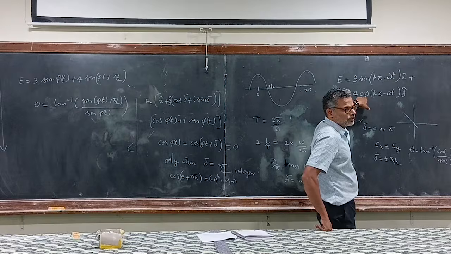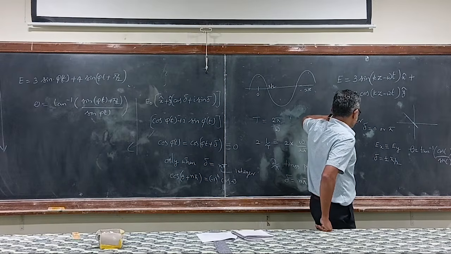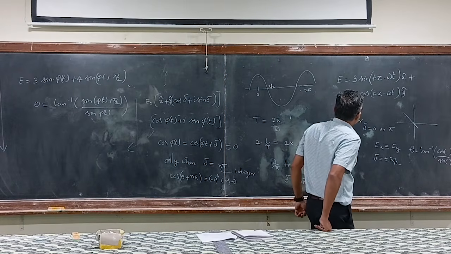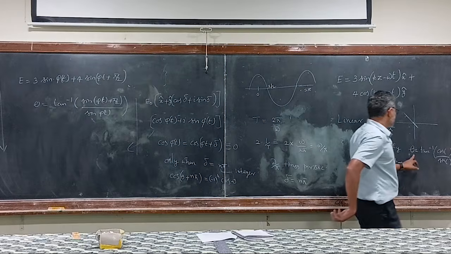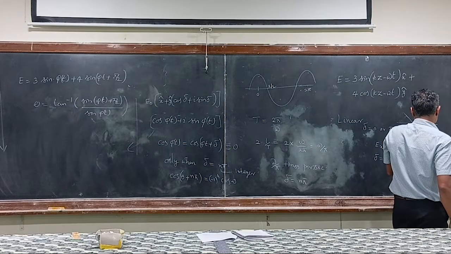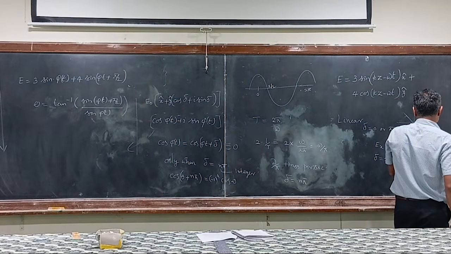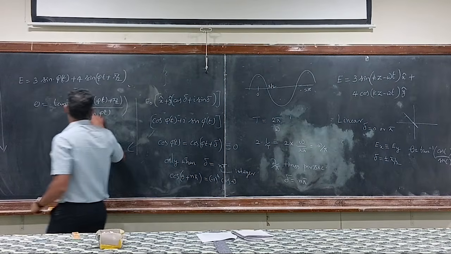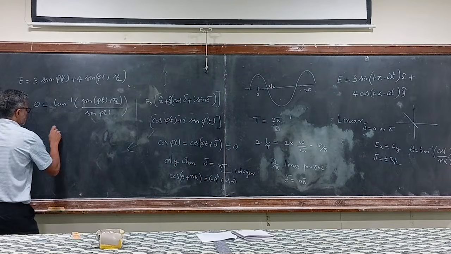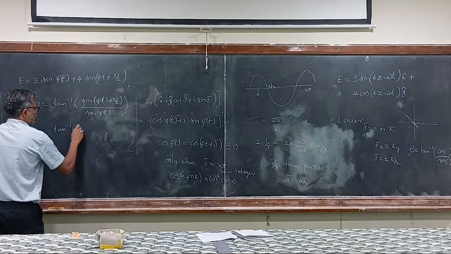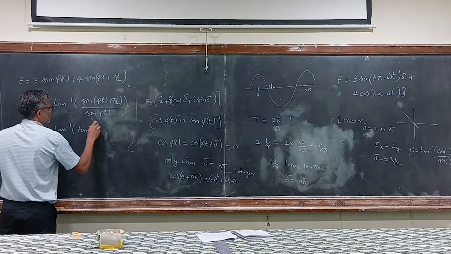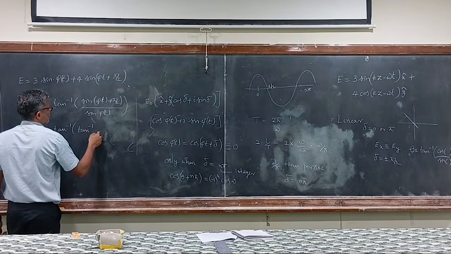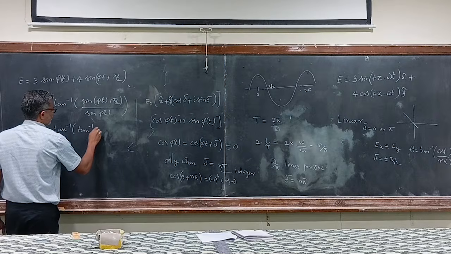Now it is given the other way around. So now you write this in terms of this, and then basically this is y component by x component, your theta, and then what you get is cos by sine. So tan inverse of tan, what you get is phi of t.